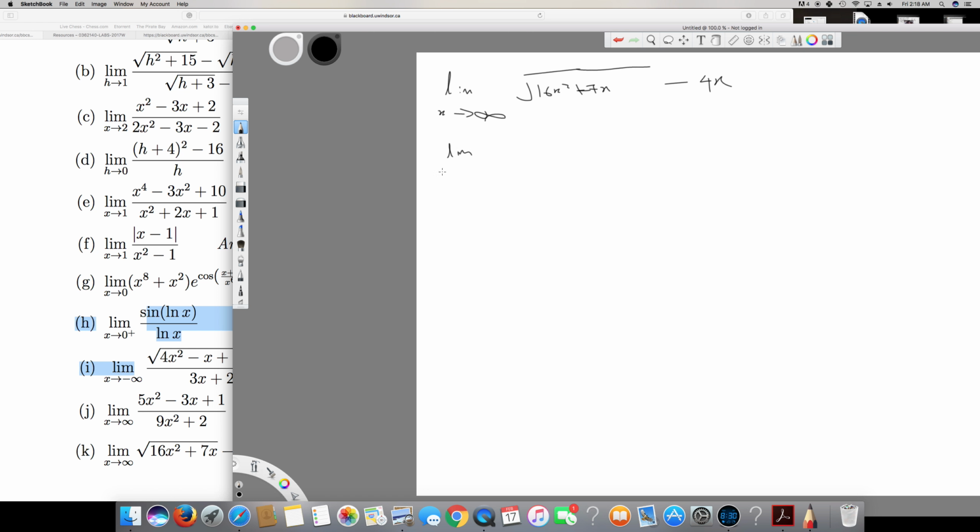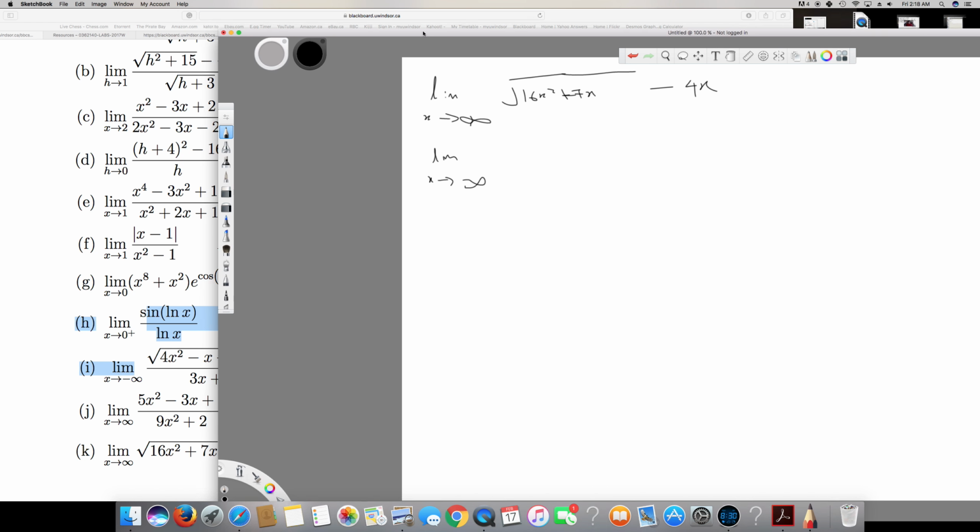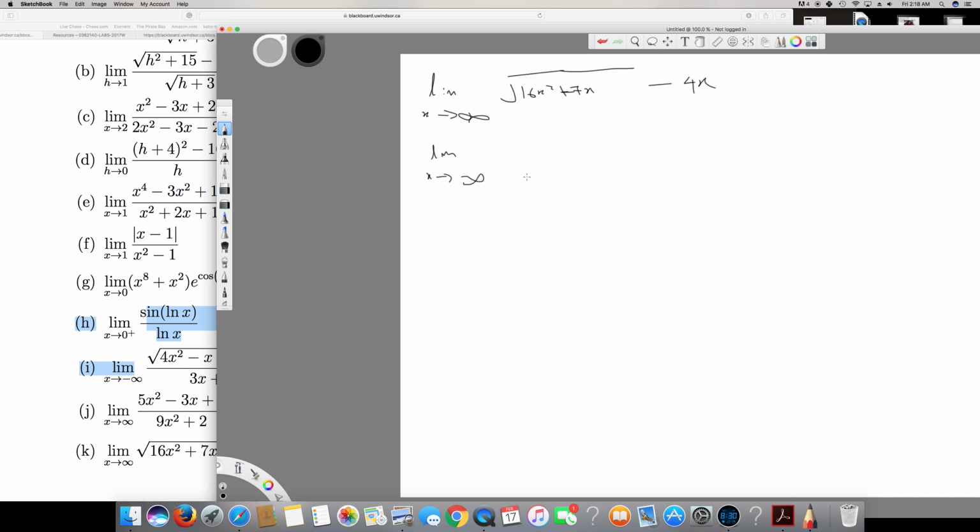So limit x approaches infinity. In this case we can get rid of this square root by multiplying by plus 4x. If I multiply in the top, I have to multiply the bottom too. So it's going to be square root of 16x square plus 7x minus 4x, multiplied by square root of 16x square plus 7x plus 4x, over square root of 16x square plus 7x plus 4x.